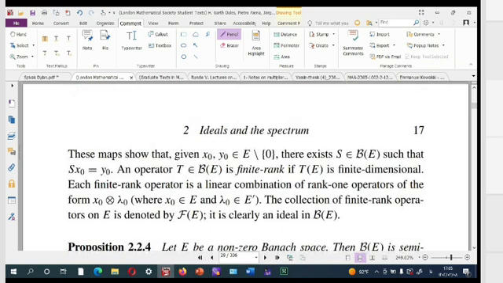This map shows that given x0 and y0 non-zero elements of E, there exists a bounded linear operator from E to E such that S of x0 equals y0.